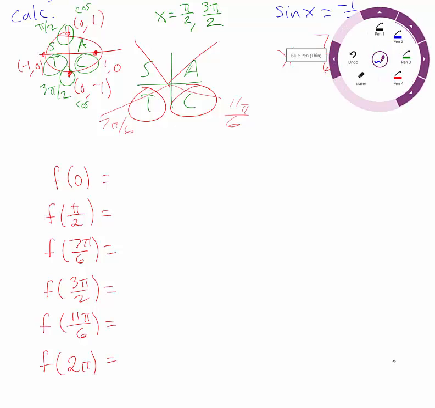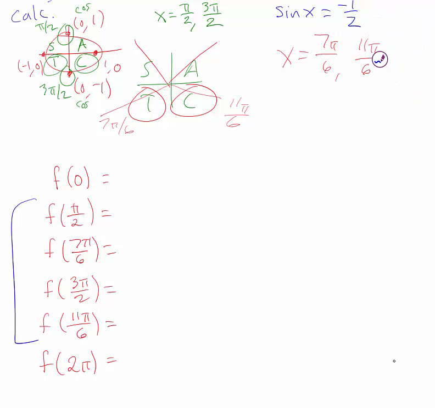So this is one of those cases where you do have quite a lot of critical values, and then those are our endpoints. And remember, the original was f of x equals 2 sine x minus cosine of 2x.